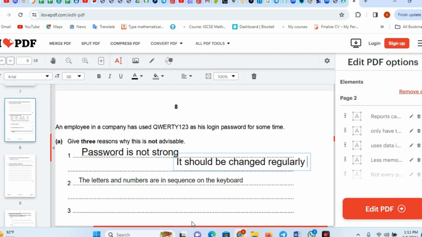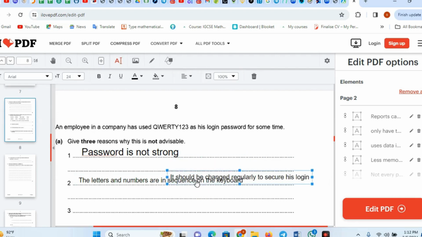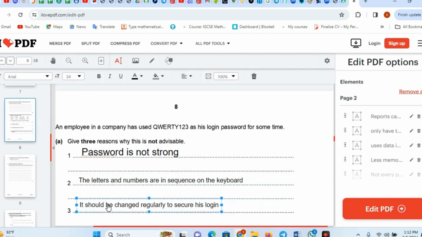To secure his login. So when he changes it regularly, we'll be able to at least secure his login. So these are 3 reasons why it is not advisable to use that kind of password. So we are done with that question, which is question number 7A.